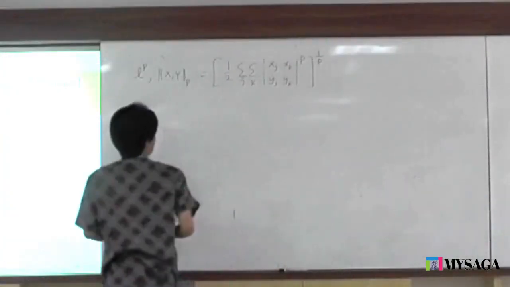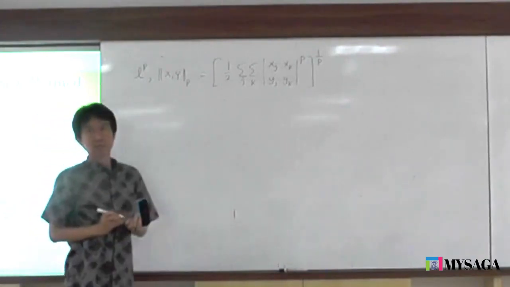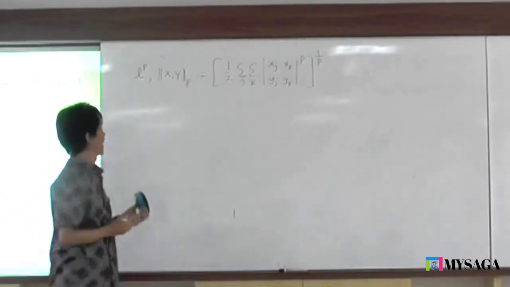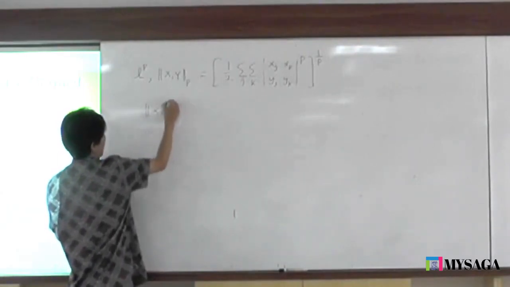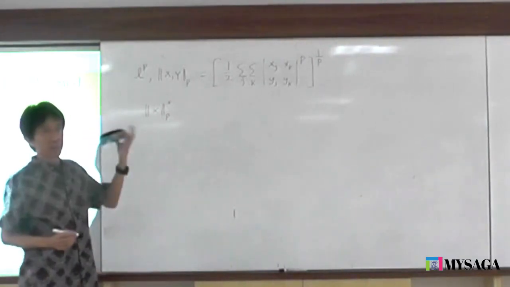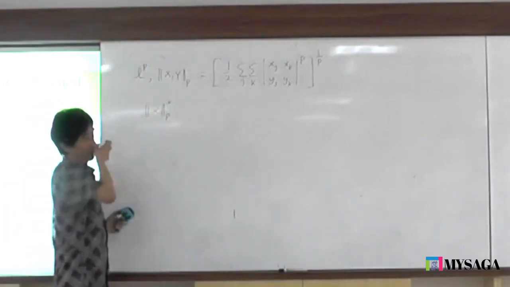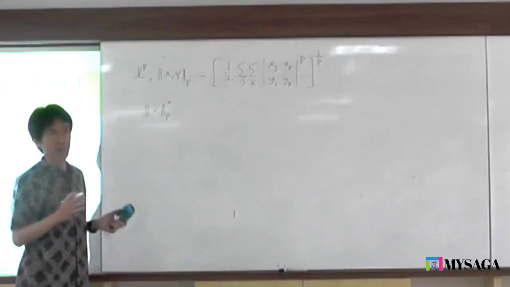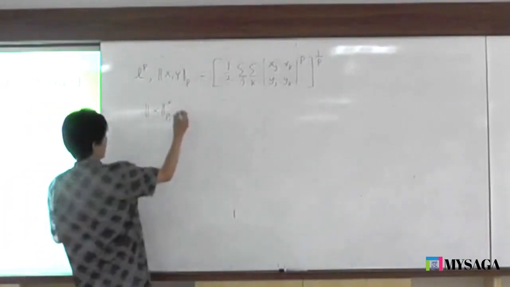And I mentioned that if we take a set of two linearly independent vectors, then I can define the star norm. But for simplicity, I will give an example where the set of two linearly independent vectors consists of E1 and E2.